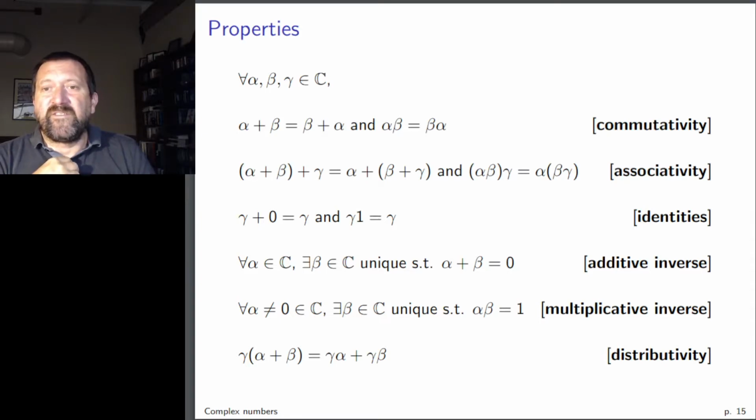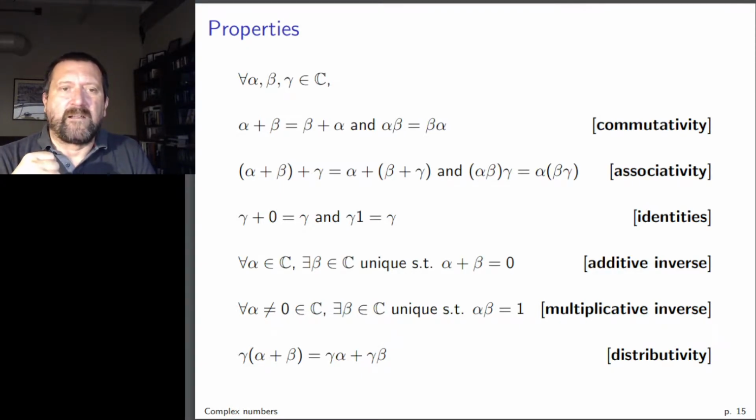The properties of complex numbers. So suppose I take three complex numbers, alpha, beta, gamma, then summing and multiplying, both are commutative. That means alpha plus beta is equal to beta plus alpha, and alpha beta is equal to beta alpha.